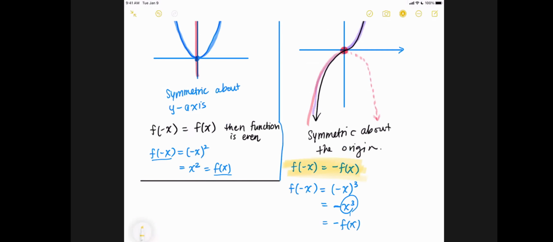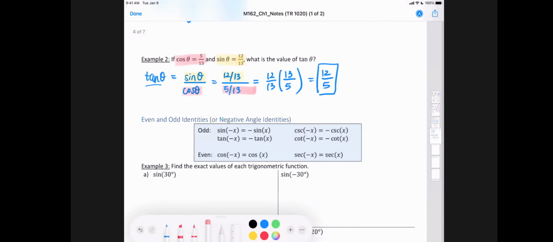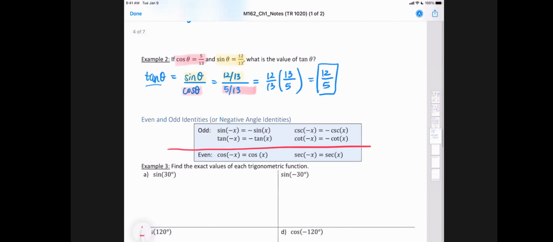Okay, so if I flip over to the identity, maybe it'll help here if I split this. The property of the even function was f of negative x is equal to positive f of x, so that's how you can see it with the cosine function.